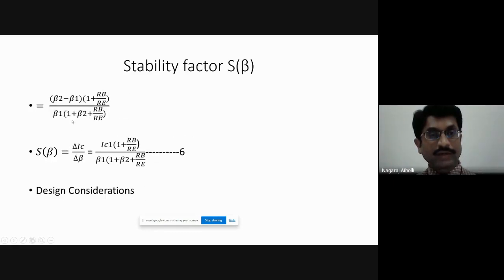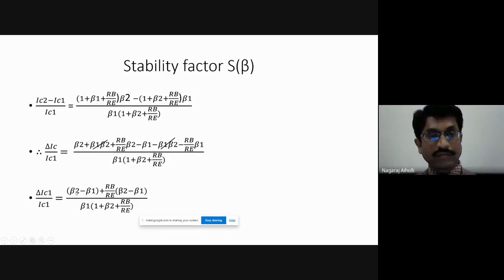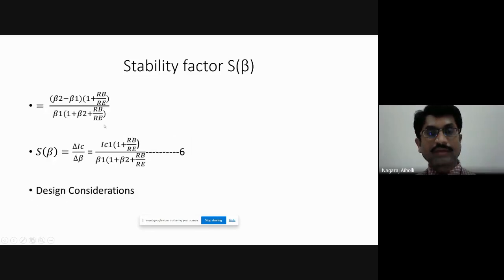The denominator is the same. In the numerator we took beta 2 minus beta 1 common, the same thing we got here.